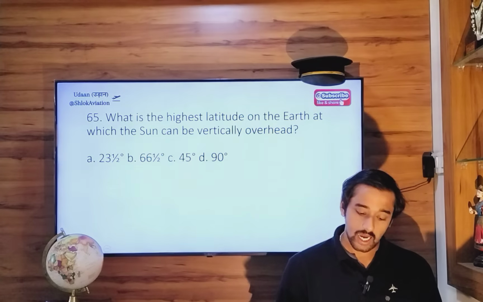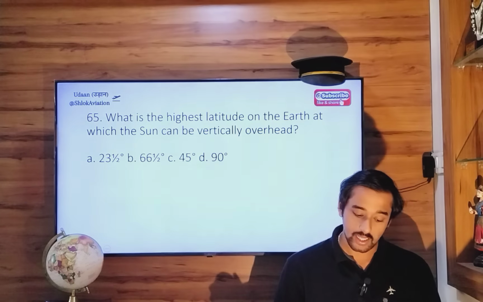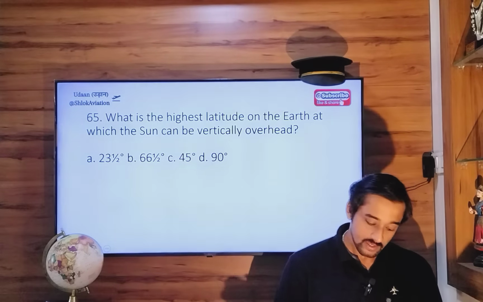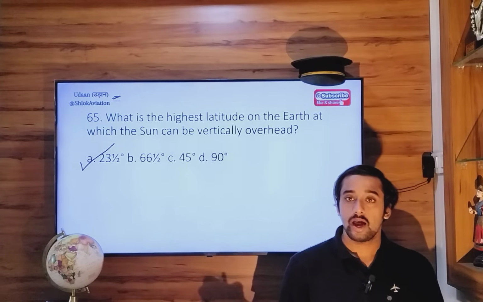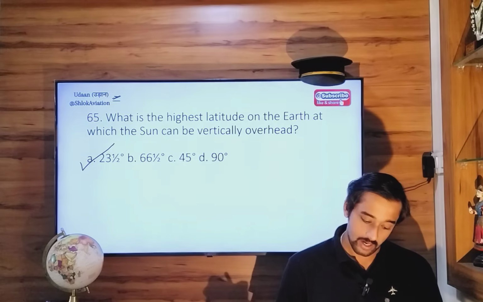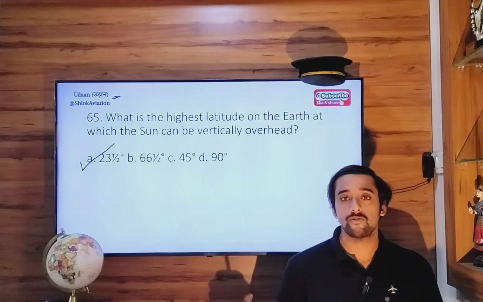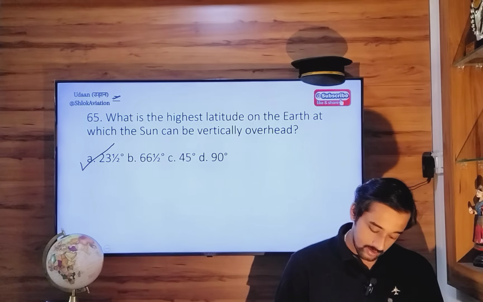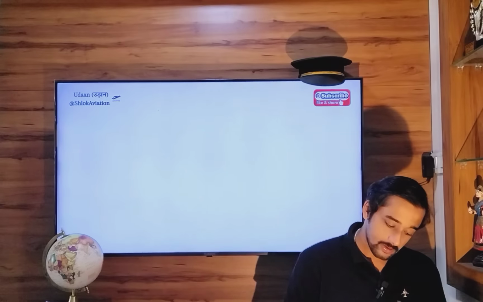Next. What is the highest latitude on the earth at which the sun can be vertically overhead? So the sun is vertically overhead between the Tropic of Cancer, 23.5 degree north, and the Tropic of Capricorn, 23.5 degree south. So this is your earth.